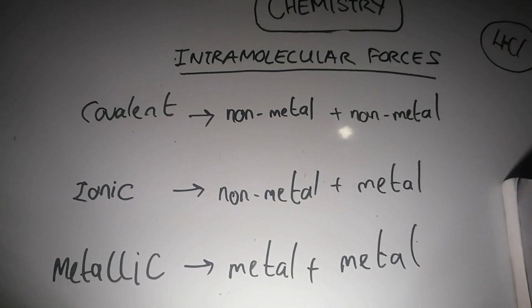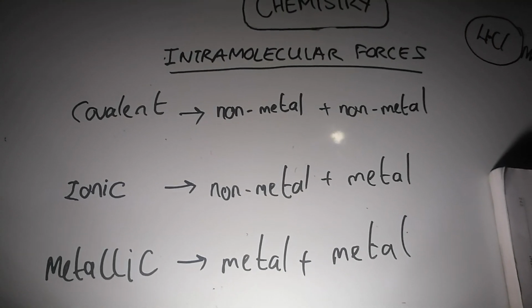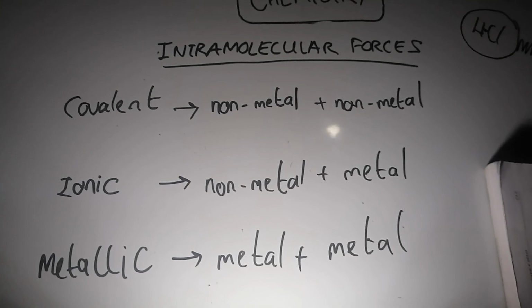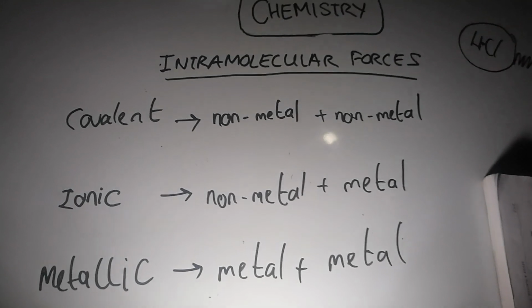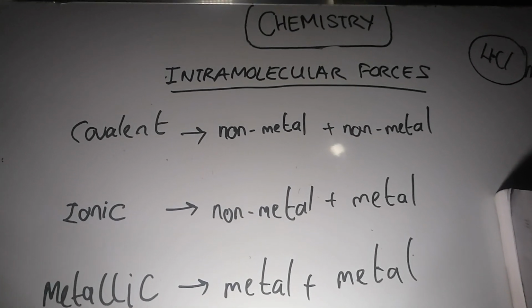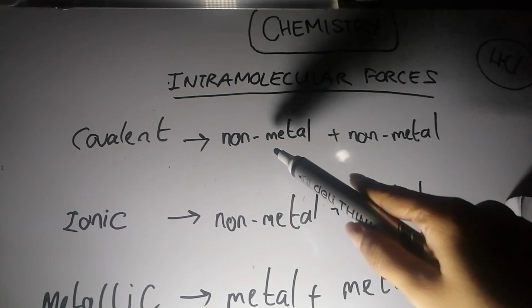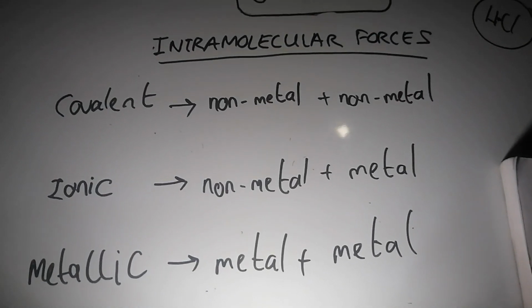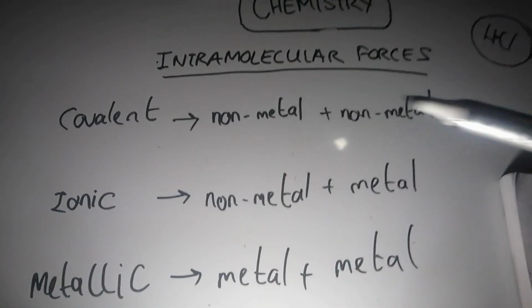Now, if you look at two components, how will you be able to tell if it's covalent bonding that's going to happen or ionic? If you look at two elements on the periodic table, you can't just automatically know that it's a non-metal and a non-metal, which would give you covalent.